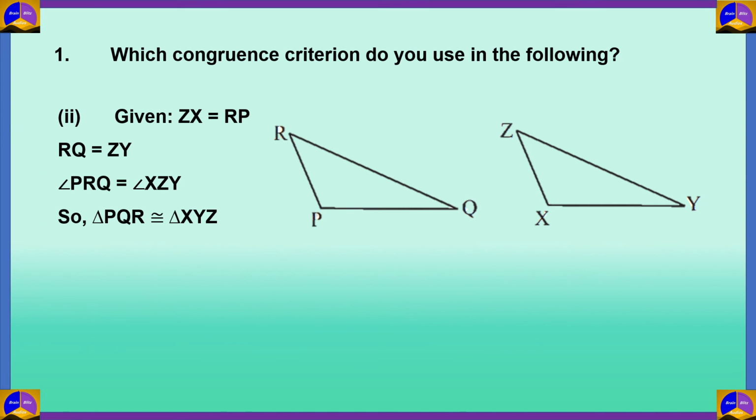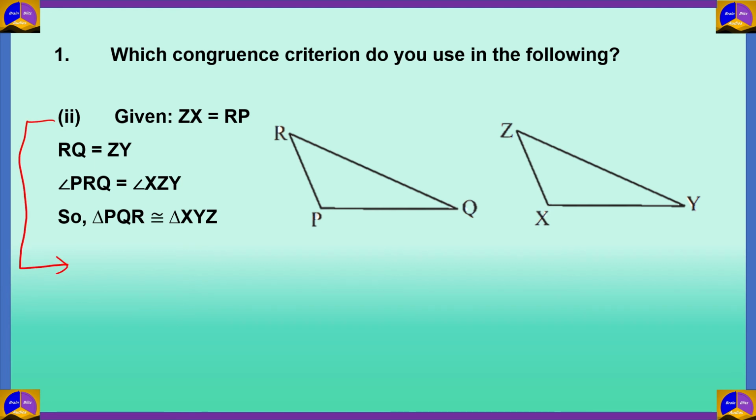Next question. Given ZX is equal to RP, RQ is equal to ZY, angle PRQ is equal to angle XZY, so triangle PQR is congruent to triangle XYZ. Now let's follow the same procedure we did in the previous question.